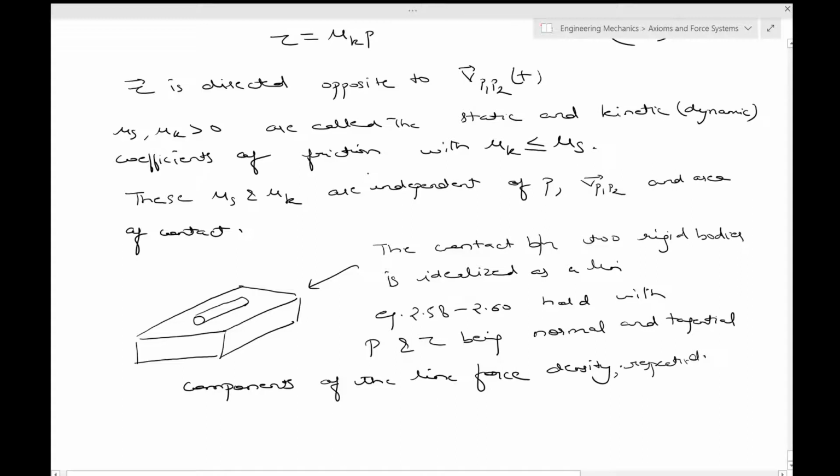So for example, in this case, let's take up body 1. We'll have this P acting like this, and perhaps this is a normal direction, and tau, I'll show it with a different color, tau will be acting tangentially.